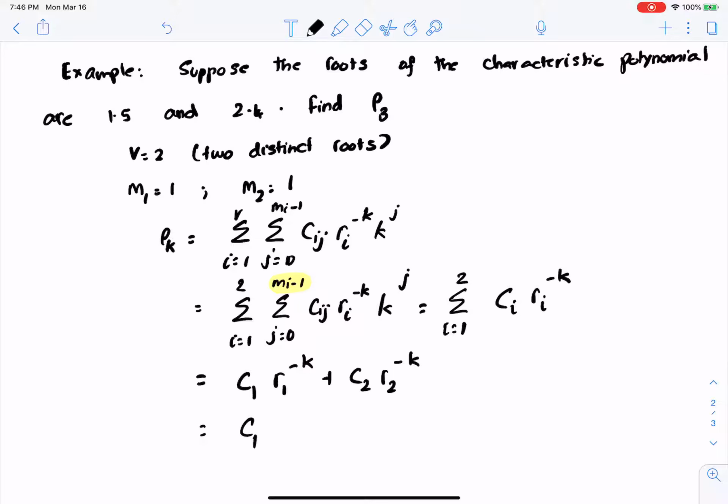So we'll have c1 times 1.5 raised negative k, plus c2 times 2.4 raised negative k. If we have the values of the constants c1 and c2, we can simply plug in the value of k and find the autocorrelation function.